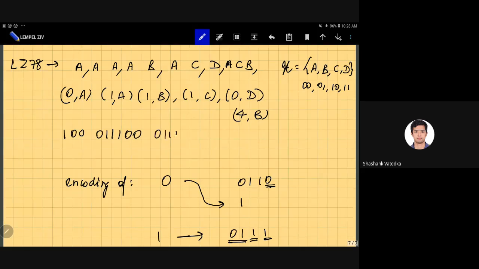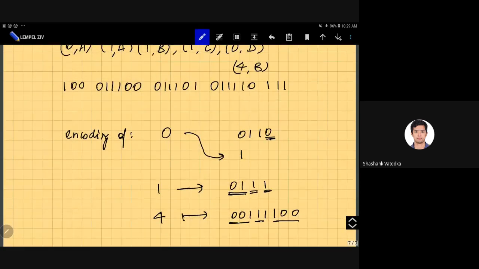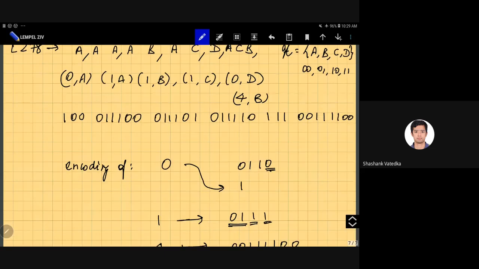Right, 0 triple 1, 0 1. 1 comma c similarly would be 0 triple 1, 1 0. 0 comma d, what would that be? It would be 1 followed by 1 1. And now what is 4 comma b? It would be 0 0 1 1 1 1 0 0 followed by 0 1.